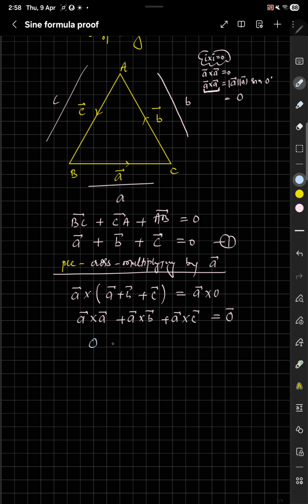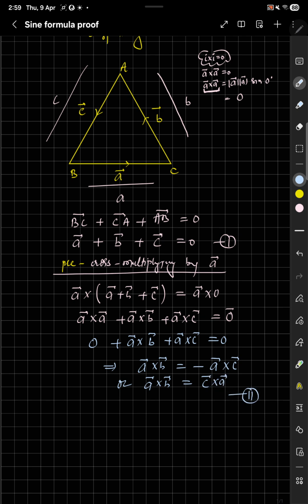So this becomes 0 plus a cross b plus a cross c is equal to 0, which implies a cross b is equal to minus of a cross c, or we can say a cross b is equal to c cross a.